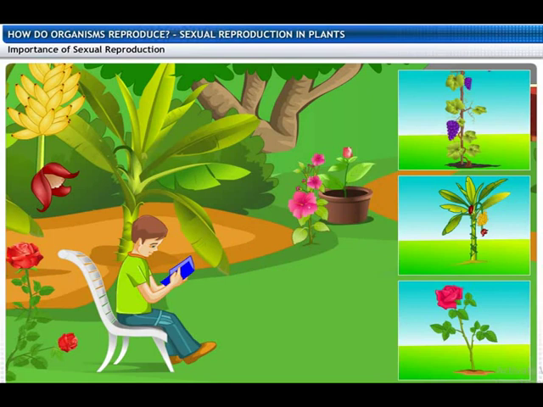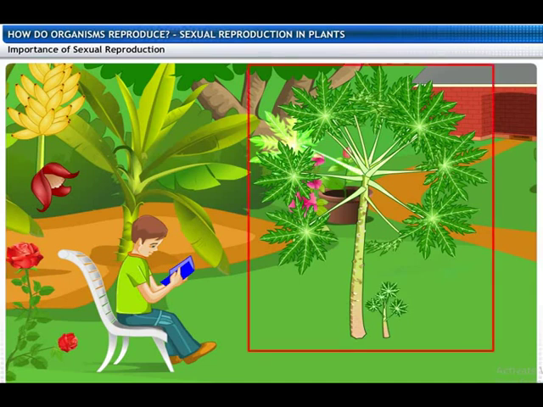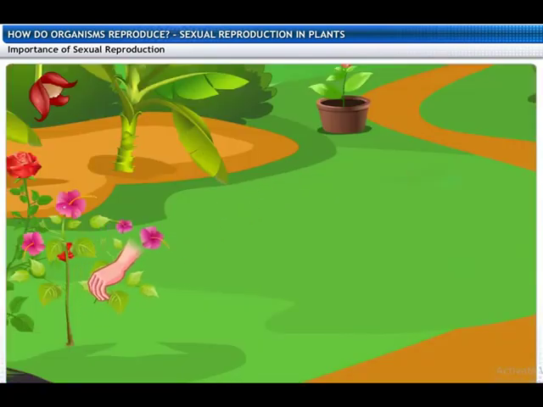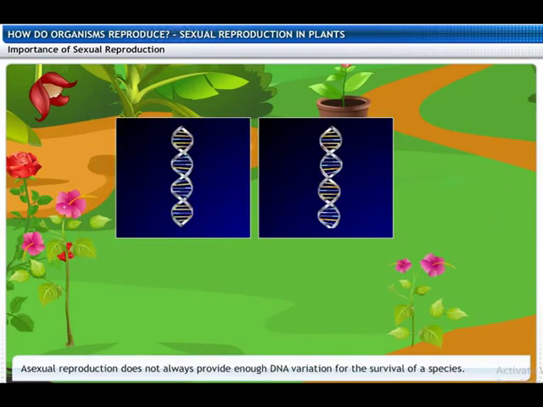Considering that many plants reproduce asexually as well, I wonder why sexual reproduction is required at all. What advantages does it provide over asexual reproduction? Well, asexual reproduction does not always provide enough DNA variation for the survival of a species.